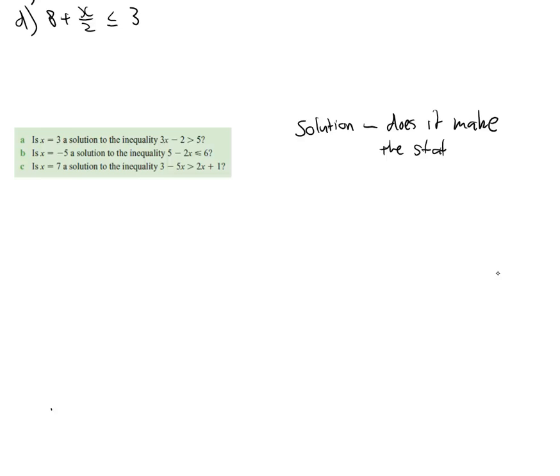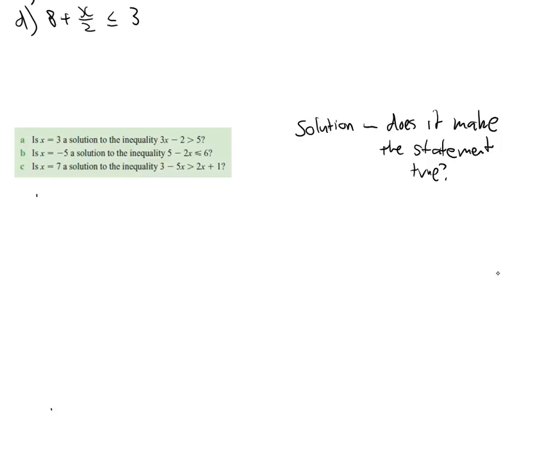So does it fulfill the requirements of the inequality? If it does, then it is a solution. If it does not, then it is not a solution. So what we need to do is we need to substitute our value that we're testing into wherever we can in our inequality and see whether it makes the statement true.